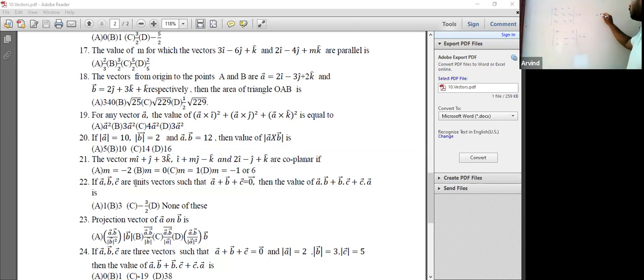So M into M minus 1 into 3 plus 3 into minus 1 minus 2M is equal to 0.